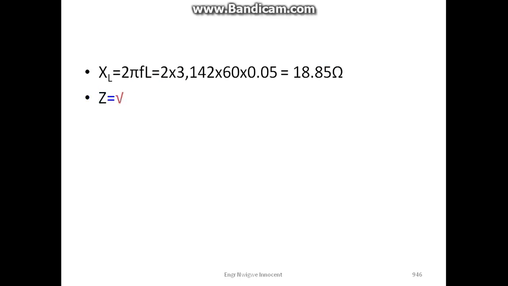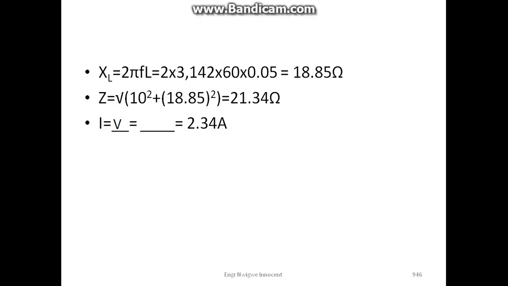Z is equal to square root of, in bracket, 10 squared plus, in bracket, 18.85 squared, which is equal to 21.34 ohms. I is equal to V over Z, which is equal to 50 over 21.34, which is equal to 2.34 amps.